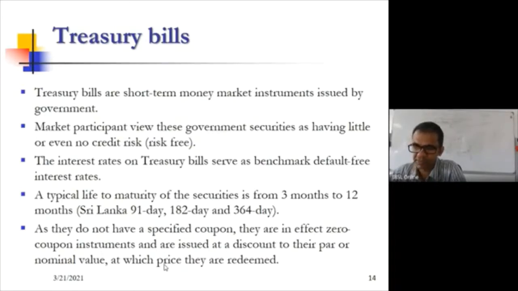Then the same concepts we can apply for commercial papers. Then we are moving into repo transactions. So what is a treasury bill? What do you know about it? Please let me know what you know about treasury bills.